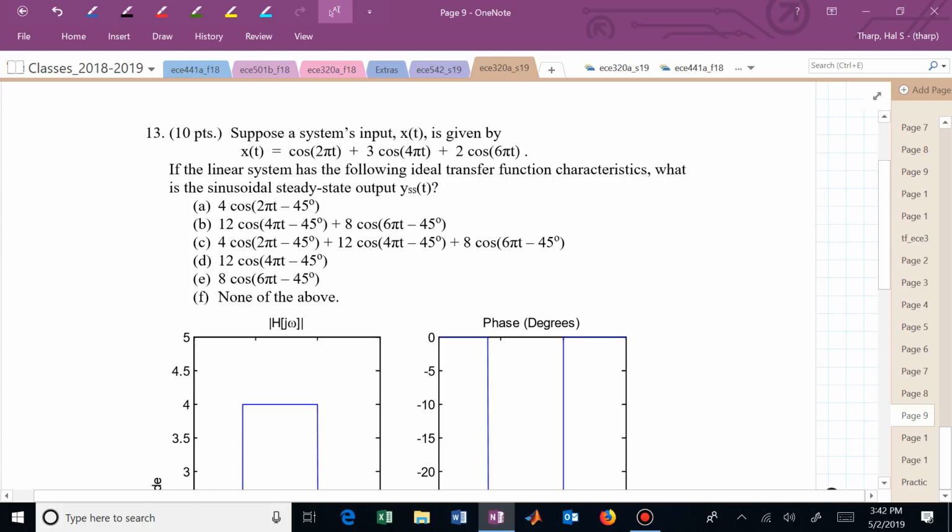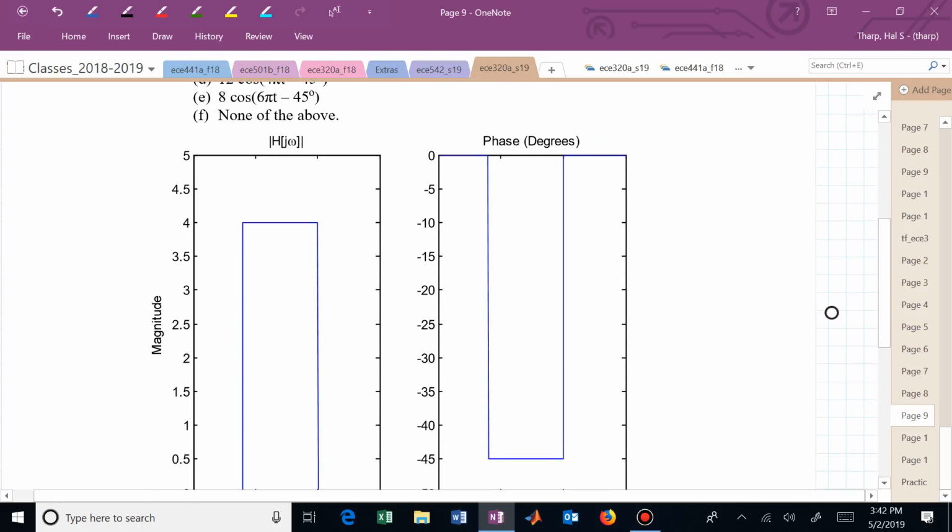That's really just a Fourier series expansion of some periodic waveform. We didn't get there, but you have the tools to answer this question without knowing this is kind of a Fourier series problem. You'll do this in 340A, create Fourier series and Fourier transforms. But now we're saying, okay, if the linear system has the following ideal transfer function, that's what this is down here. This is basically a frequency response.